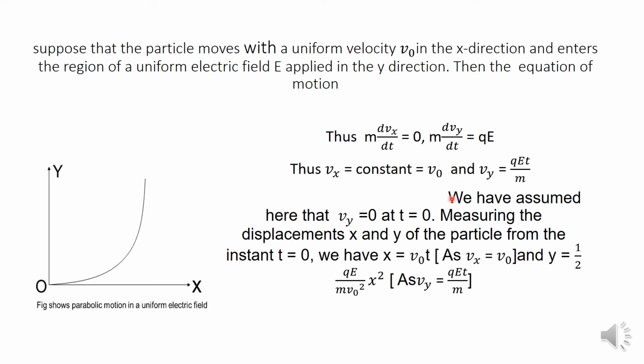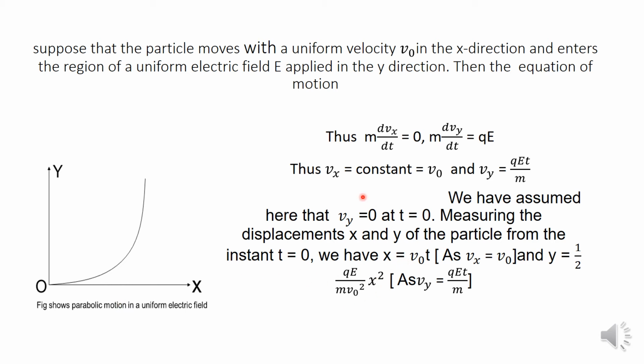To find this, we assume that vy = 0 at t = 0, and from these two equations we can solve to find x and y, where x is the distance from the origin O and y is the distance from the origin.